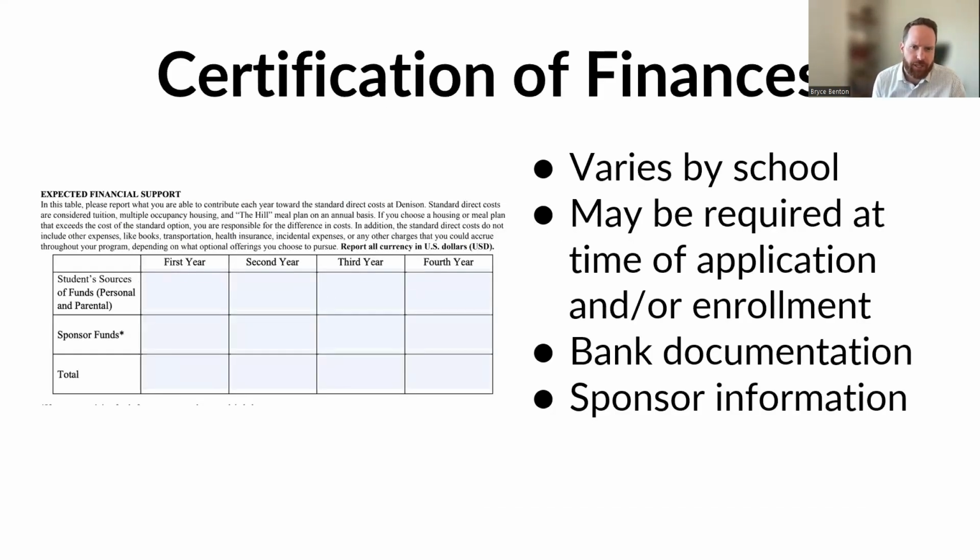All right, so this is an example of the Denison certification of finances, just to give you an idea of what these typically look like. It's pretty straightforward. We at Denison have done a lot of work to simplify this process, because if you ever complete the CSS Profile, you'll quickly realize that it's a pretty onerous application.